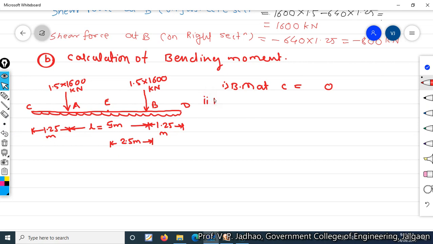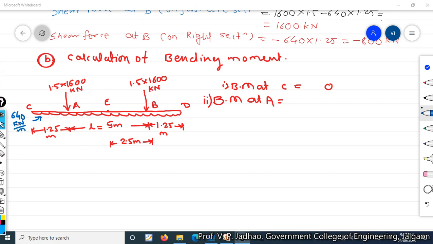Now bending moment at A. We have this loading equal to 640 kilonewton per meter.